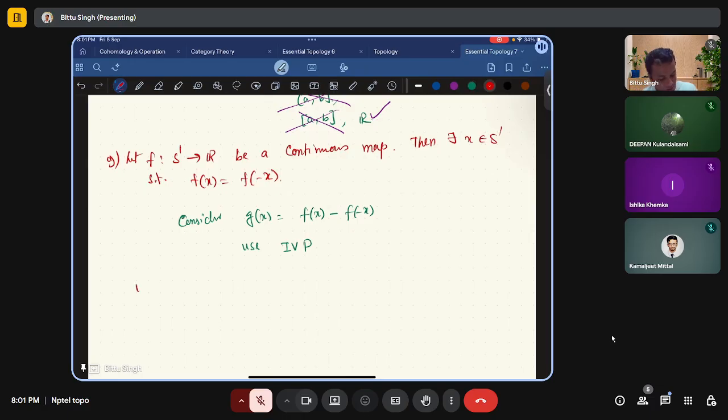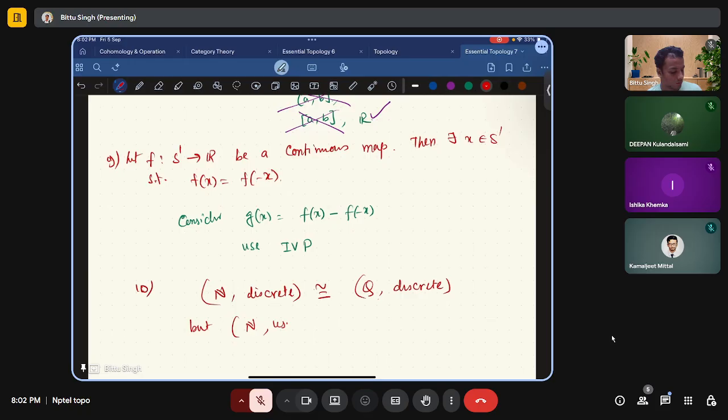Another question you should try: N with discrete topology is homeomorphic with Q with discrete topology, but N with usual topology, usual meaning as a subspace of the real numbers, is not homeomorphic to Q with usual topology. This is another interesting question you should try.